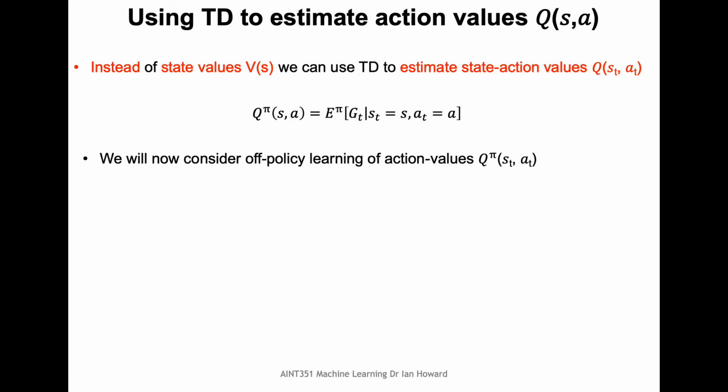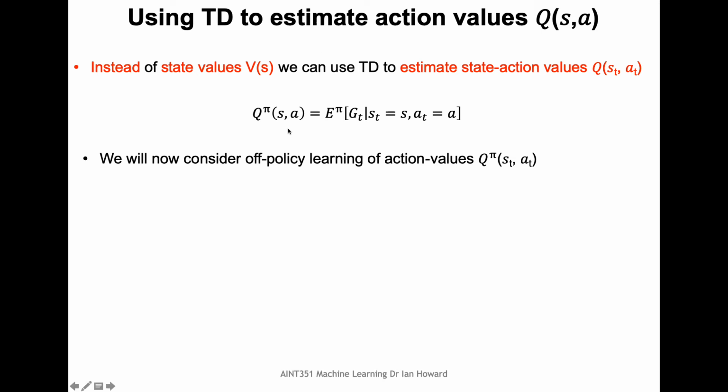So rather than using state values, what we can also do is look at state action values, and we can use temporal difference learning to estimate them instead. If you remember what the state action value is, this is the value of the state given an action, rather than just the value of the state.